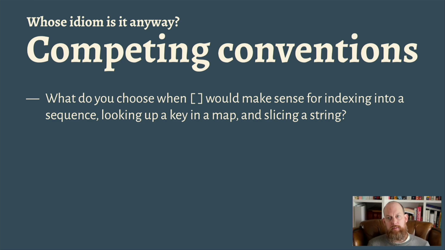What do you choose to represent a certain kind of access to a value in a native language when the obvious choice makes sense for several aspects of that, like square brackets with indexing into sequences and fetching values from maps, or even slicing a string and getting substrings out.